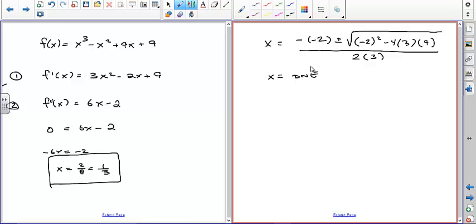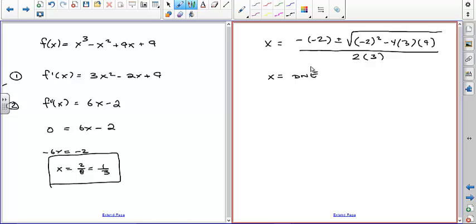If you look at the term under the square root, you get negative 2 squared, negative 2 is b, minus 4 times a times c, and that ends up with a negative number. So because you get the square root of a negative number, there are no values of x where the first derivative is equal to 0.